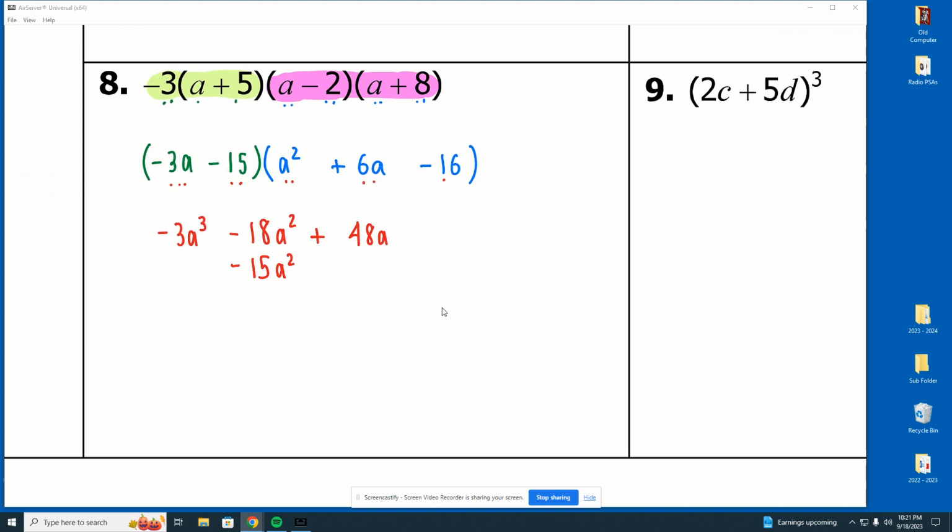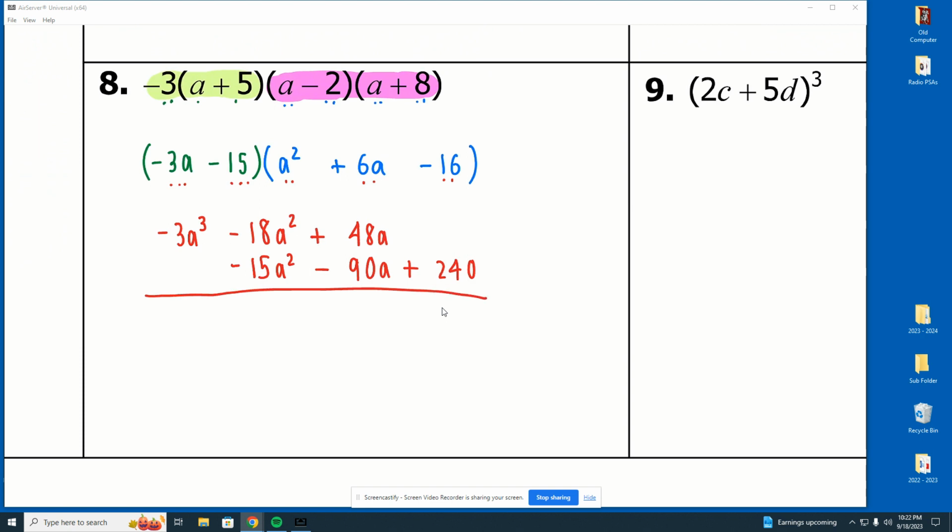Again, you might need a calculator, but negative 15 times positive 6 is going to be negative 90a. And then finally, we're going to take negative 15 and multiply it by negative 16. So negative times negative is going to be positive, and 15 times 16 is going to be 240.